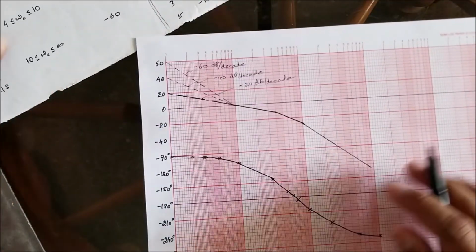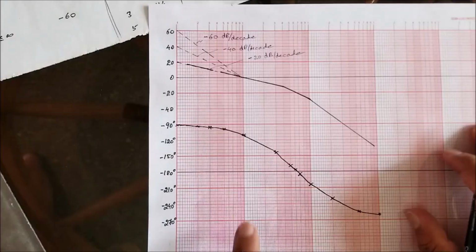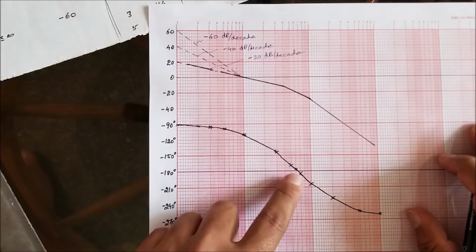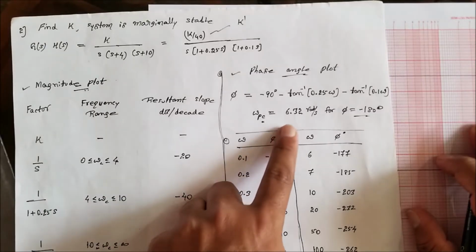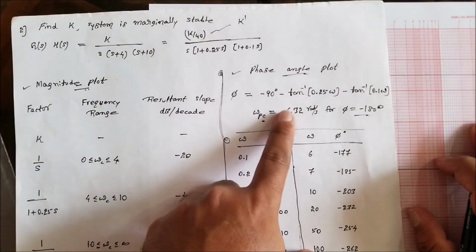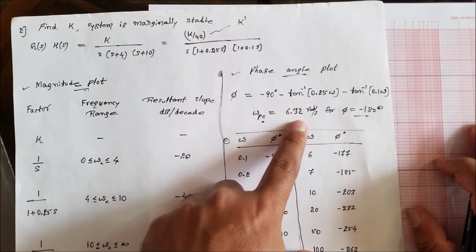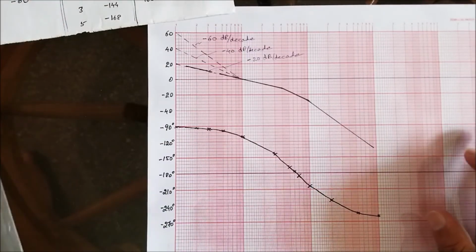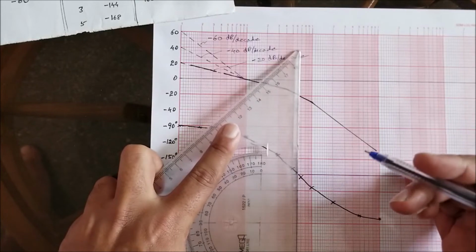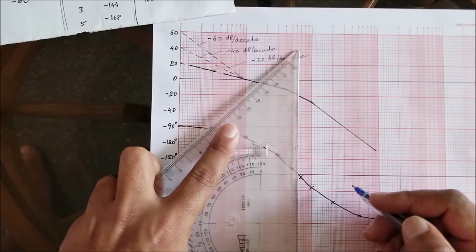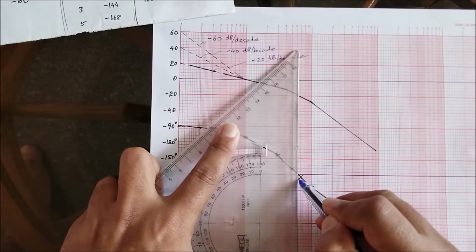Now the phase angle plot is crossing minus 180 degrees between 6 and 7. So between 6 and 7 we have the answer, but we already know the phase crossover frequency by using the alpha x technique with a calculator. It is 6.32 radians per second. So mark the phase crossover frequency. It is here, between 6 and 7. Mark it.